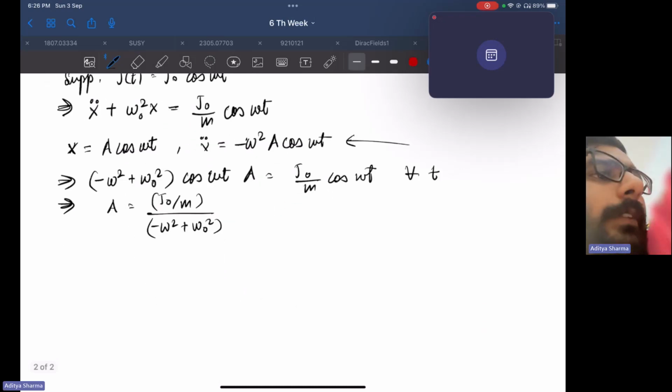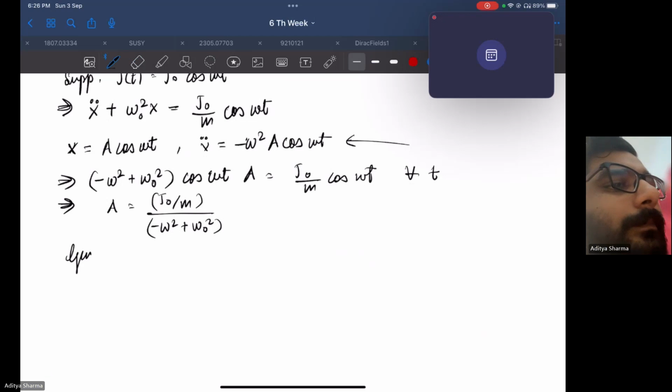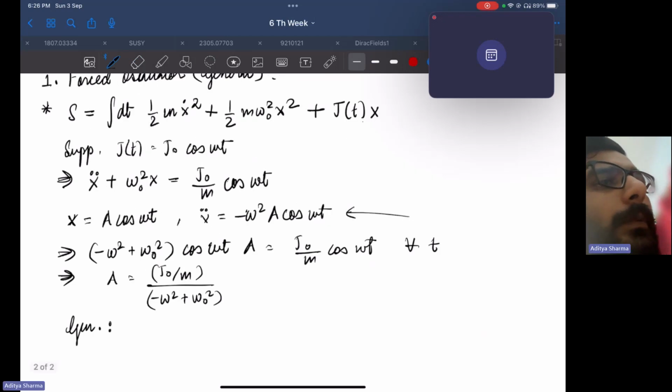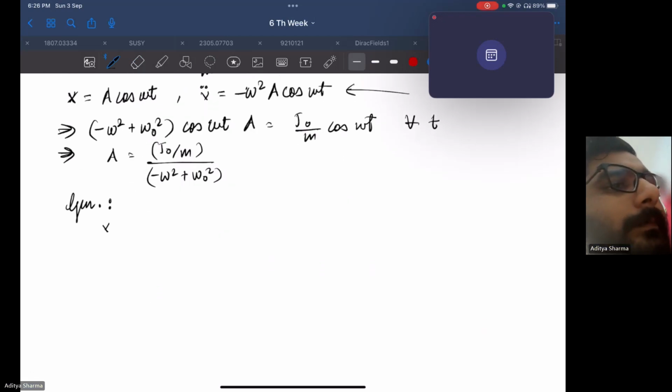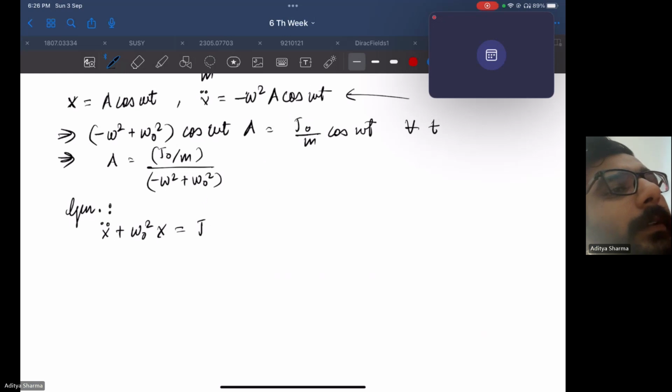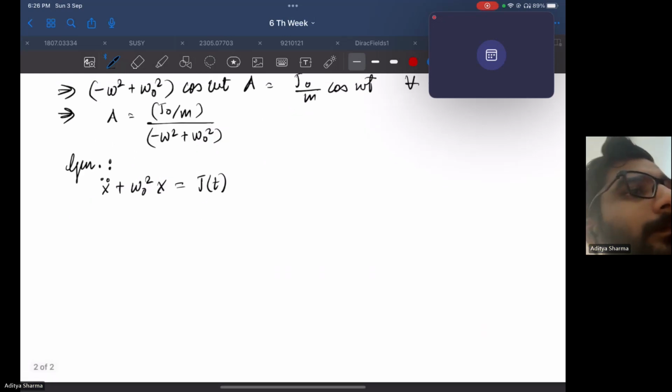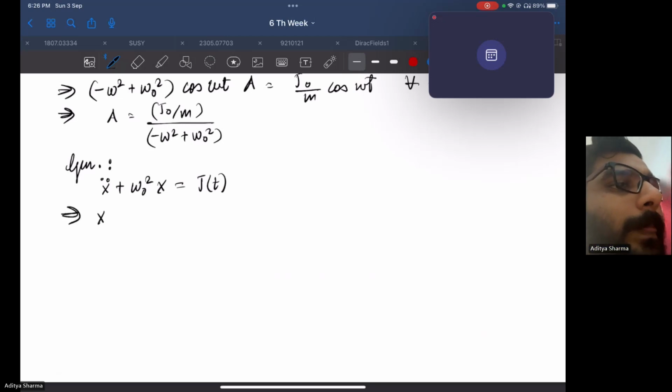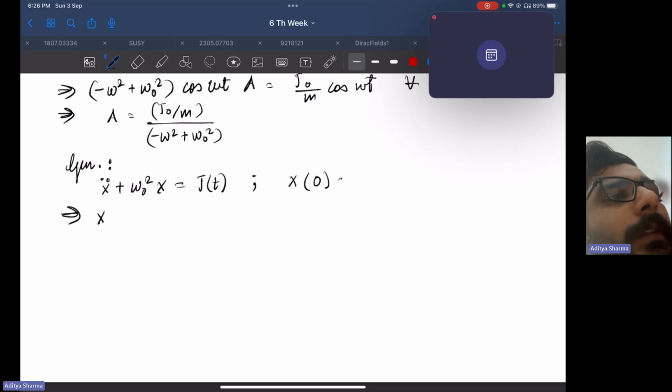So if I have anything in general, then the way to solve is x double dot plus omega naught square x is equal to J of t. Now what I'm going to do is take x of 0 as say 0, for example.